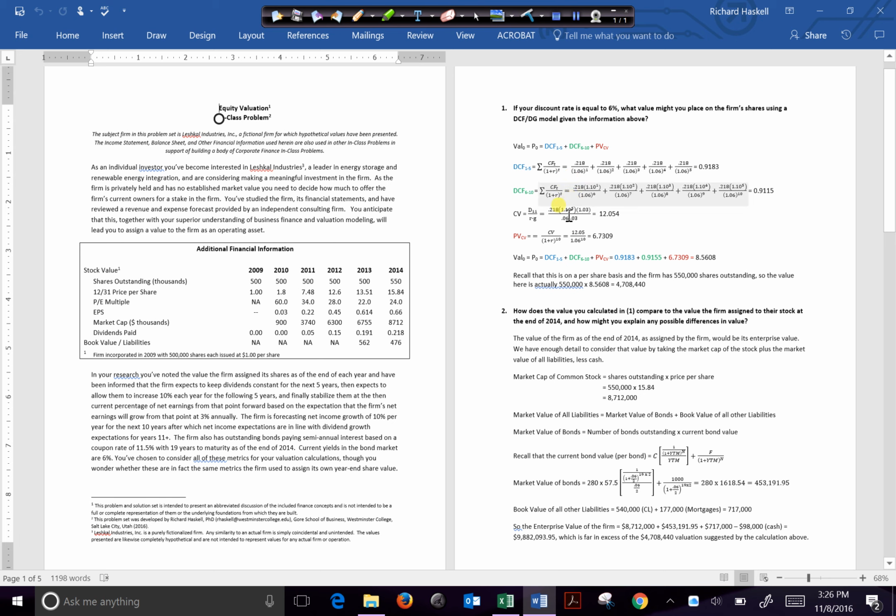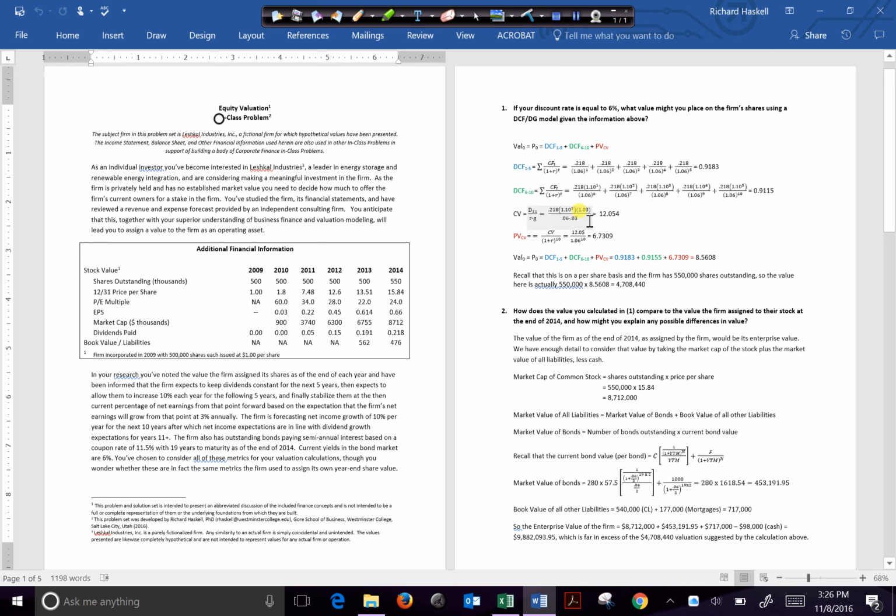And then we take a continuing value, which is D at time 11, or time 1, if you will, to give us a continuing value at time 0 divided by R minus G. And here we've taken the value of 0.218 times 1.1 to the 5th, which is exactly what we had here in our 10th year's numerator.